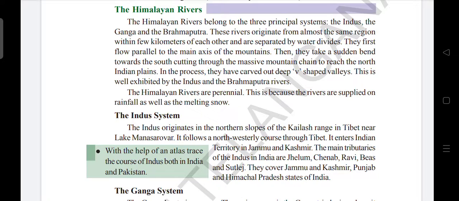The main tributaries of Indus in India are Jhelum, Chenab, Ravi, Beas, and Satluj. They cover the whole of Jammu and Kashmir, Punjab, and Himachal states of India.